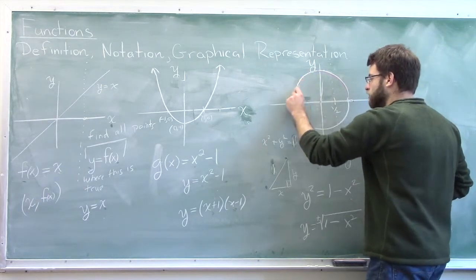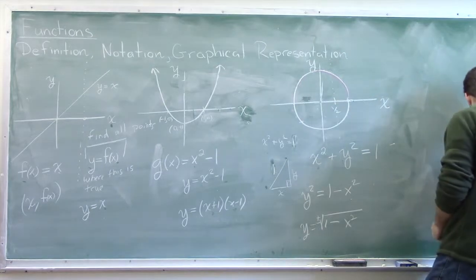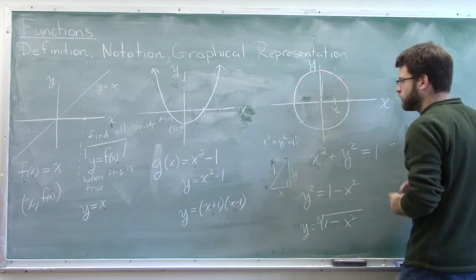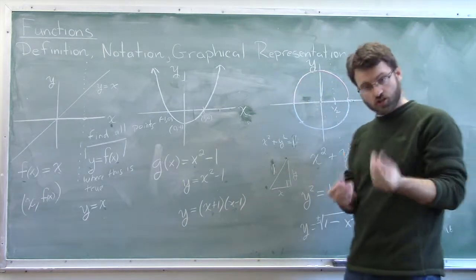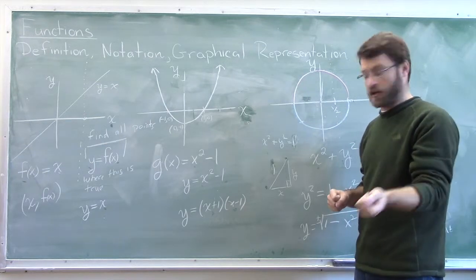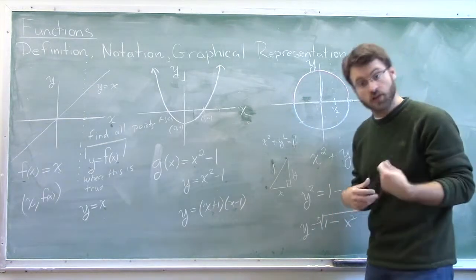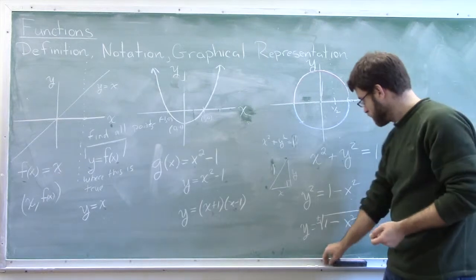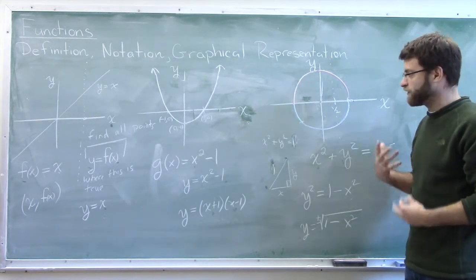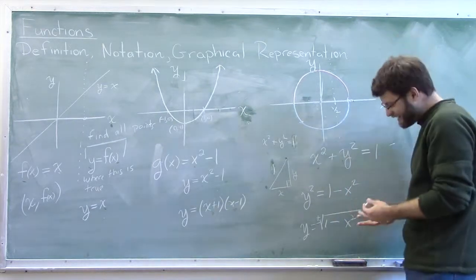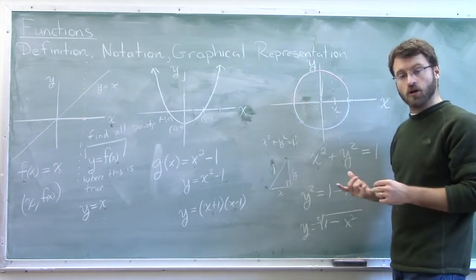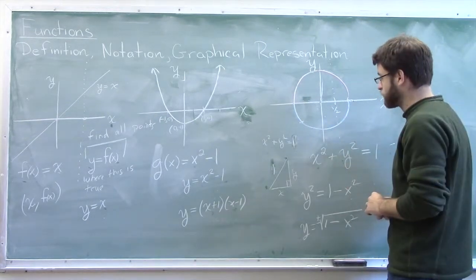The upper part and the lower part. And if I restrict my attention to one side or the other, they do satisfy this vertical line test. So they would define functions. Okay? So the unit circle here has two pieces. If I want to think of it as a function of x, I need to think of it as two different parts, an upper circle and a lower circle.